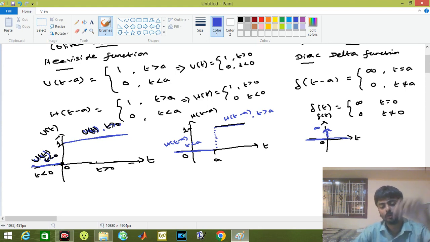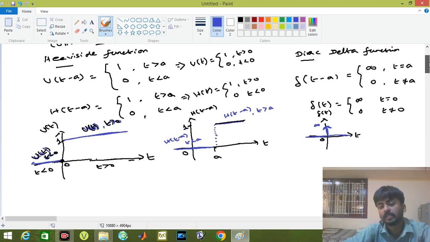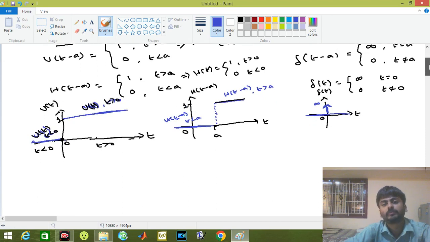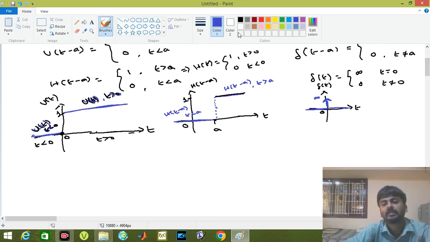Now I am going to shift this to t minus a. My graph will become like this: this is t and here it is a.